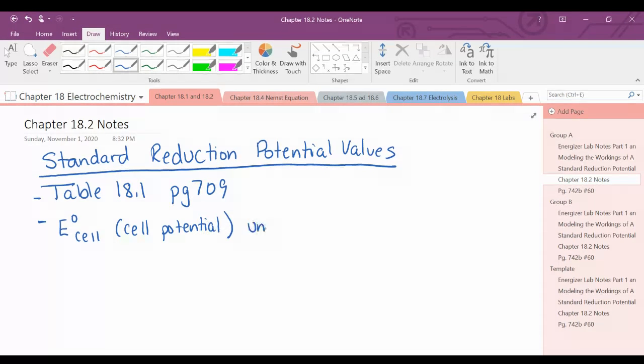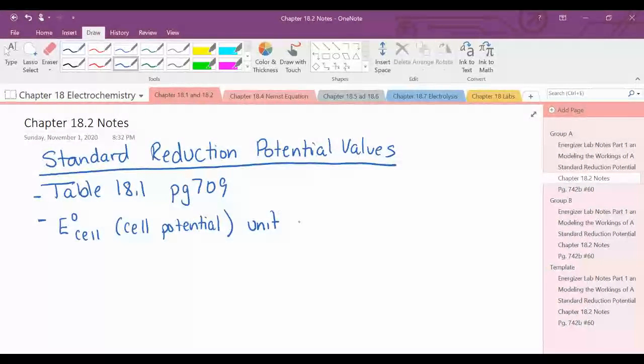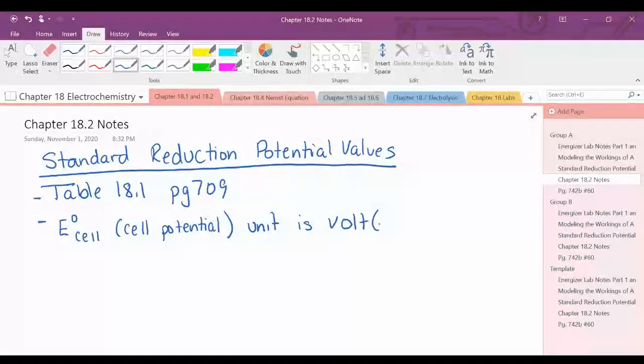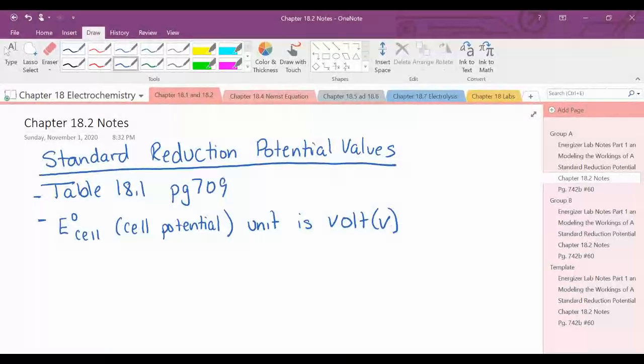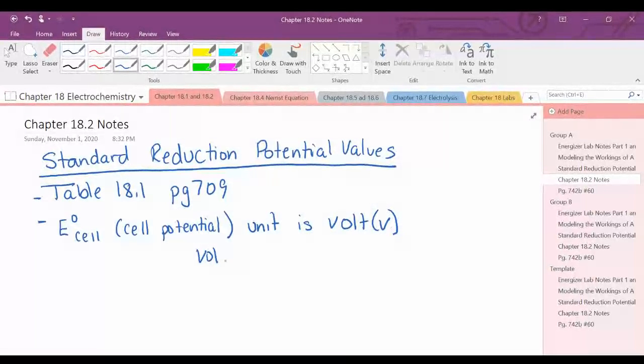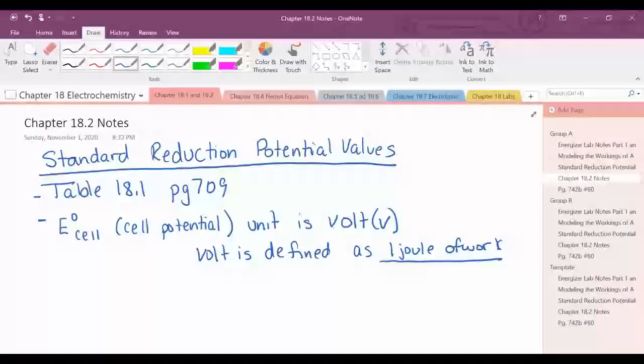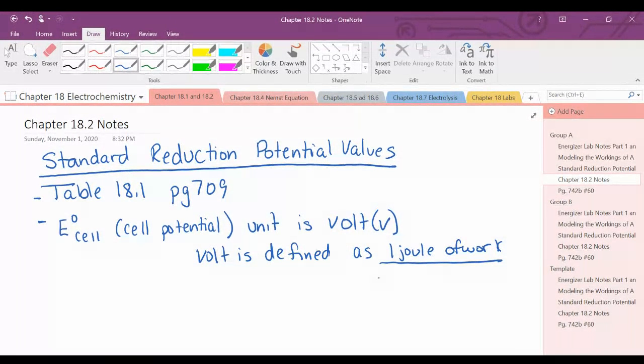The unit for these is volt, which we abbreviate with the V. A volt is defined as 1 joule of work per Coulomb charge transferred.